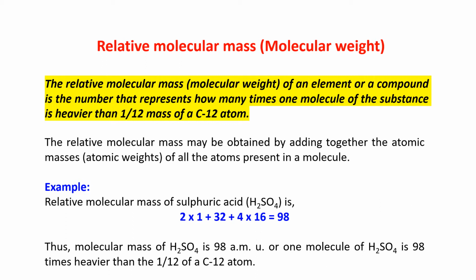The relative molecular mass of an element or a compound is a number that represents how many times one molecule of a substance is heavier than 1/12th the mass of a carbon atom.